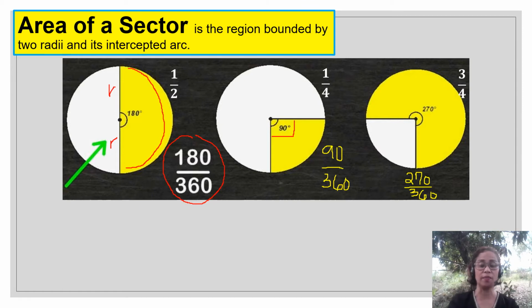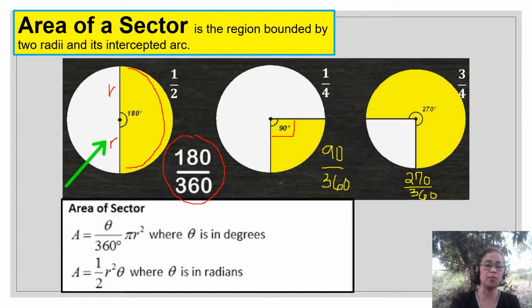So therefore, what is the formula in finding the area of a sector? The central angle plays a great part in the formula, as well as the radius. So here is our formula.